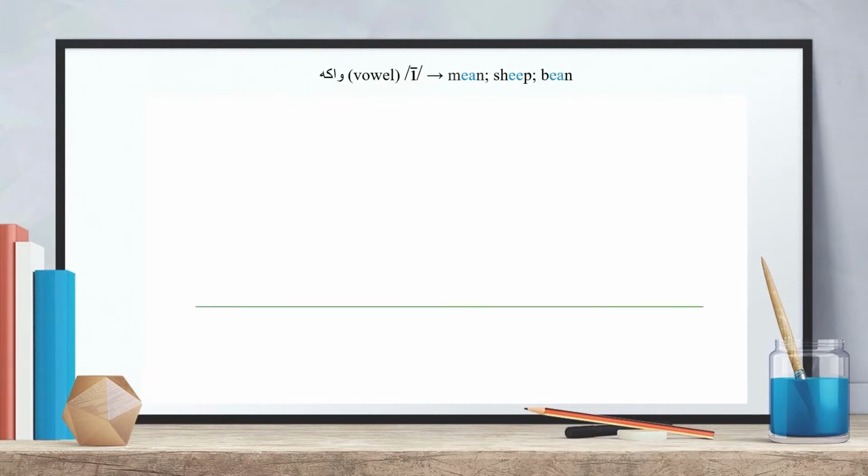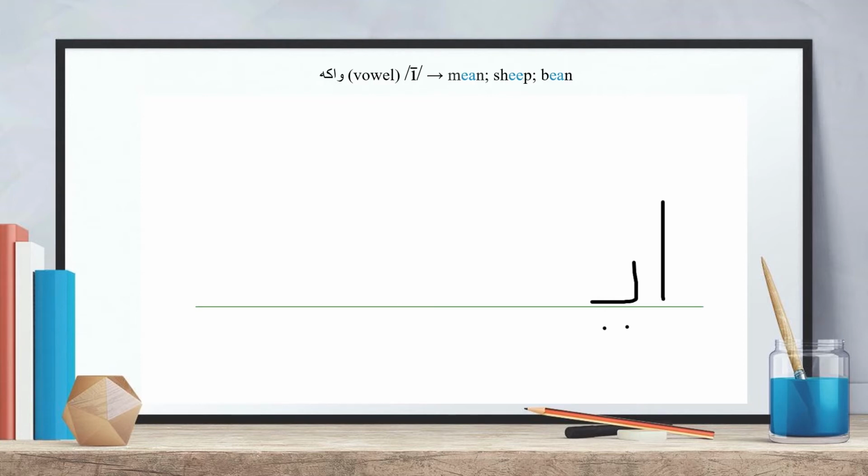The next vowel is the long vowel E, like the words mean, sheep, bean. When it comes in the beginning of a word, we start from top to bottom exactly like the two A's. And then we start from top and then we write a small line, then from right to left, and then 2 dots under E. Exactly like this.